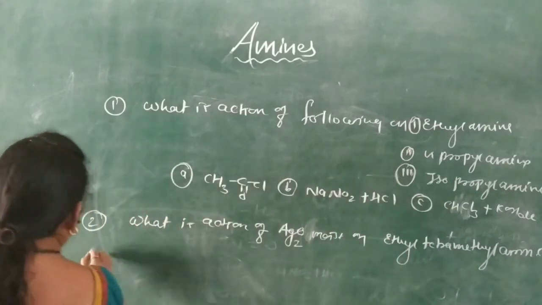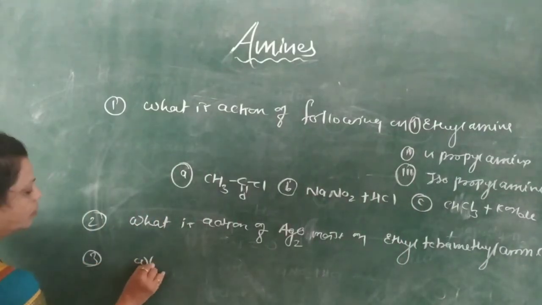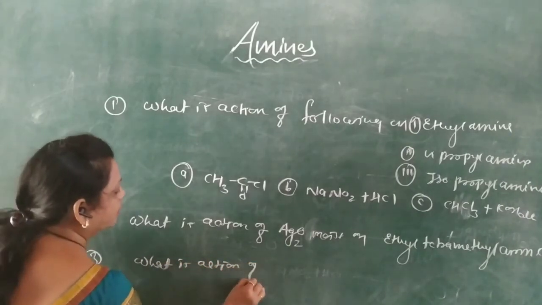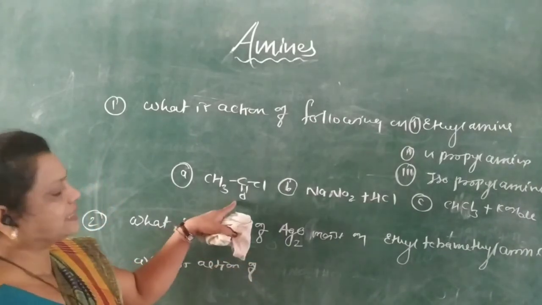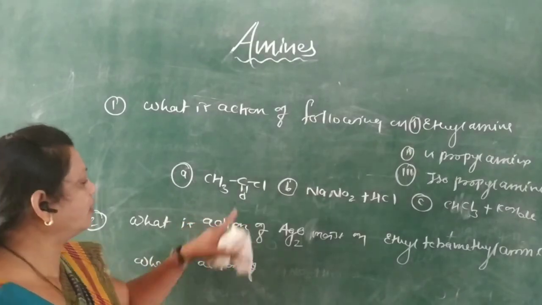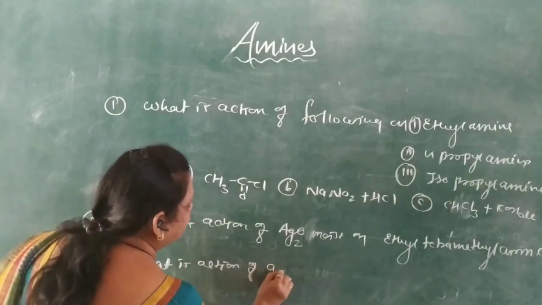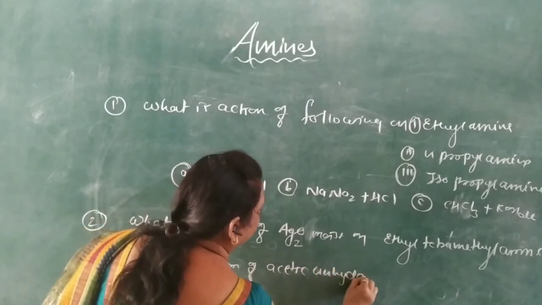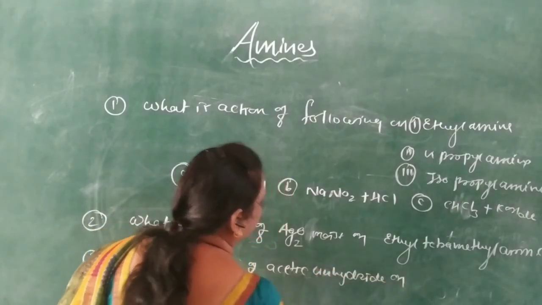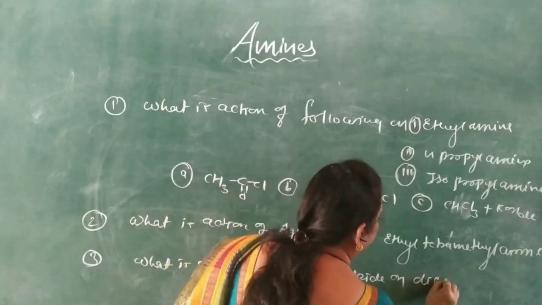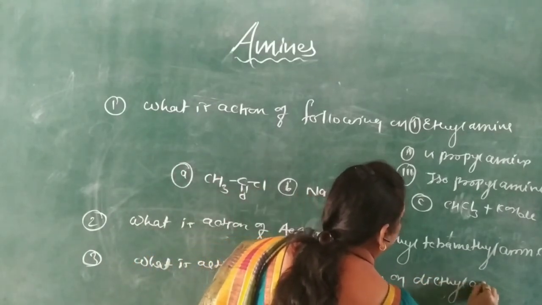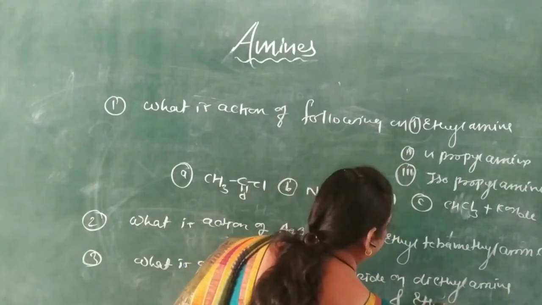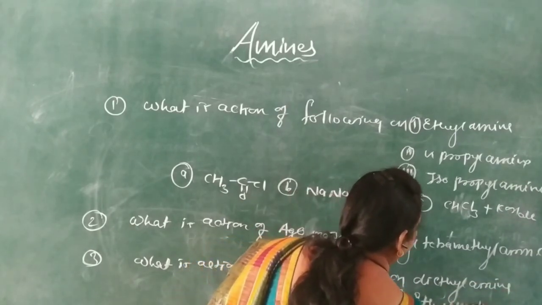Third, what is the action of acetic anhydride, taken instead of acetyl chloride, on diethylamine and ethyl methylamine.